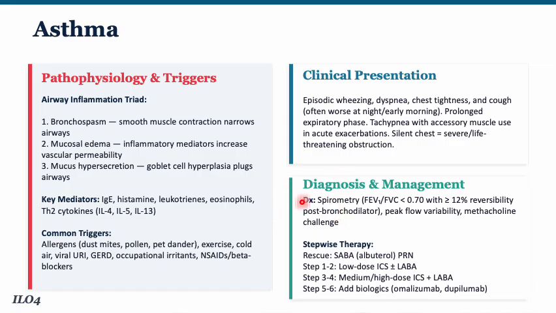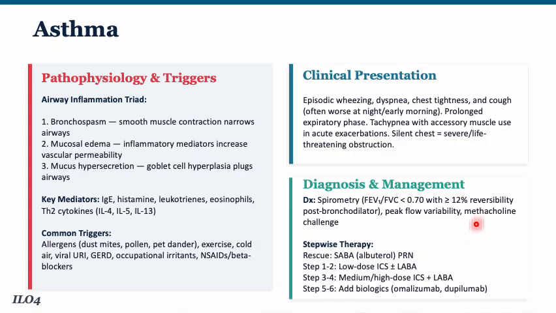So diagnosis, you can use spirometry. The FEV1 to FVC ratio is usually less than 0.7, but it is reversed after using bronchodilators. The peak flow, there is a peak flow variability.